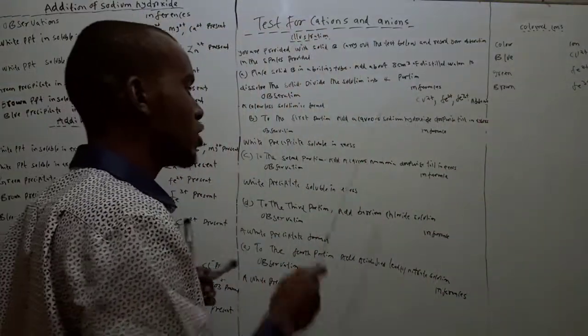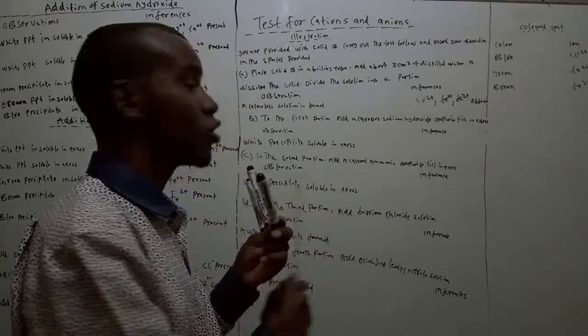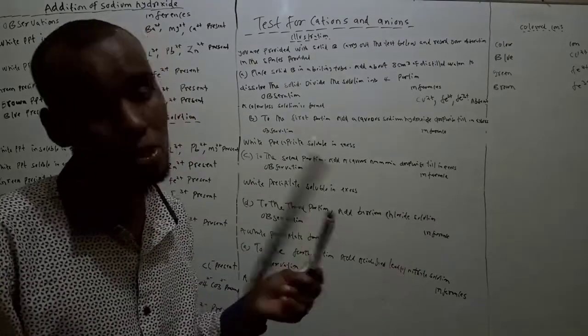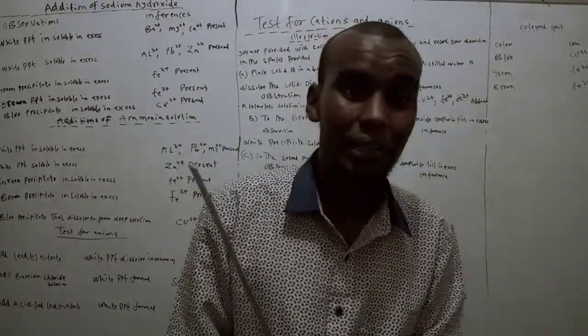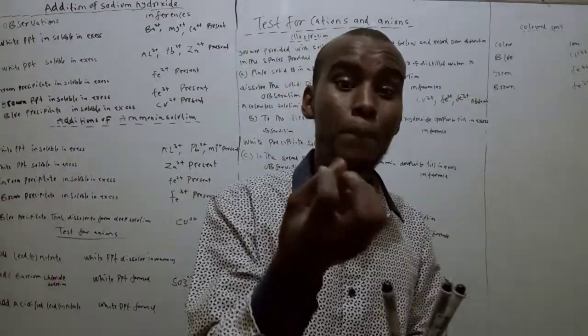Then observation and inference. We have already been given the observation: a white precipitate soluble in excess. Remember, for you to form a white precipitate, it means it's a milky solution.